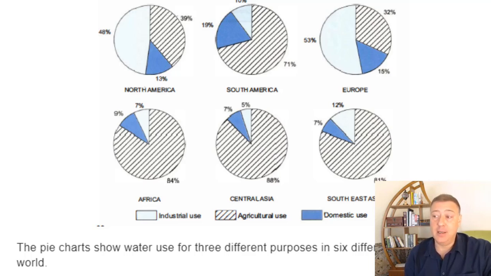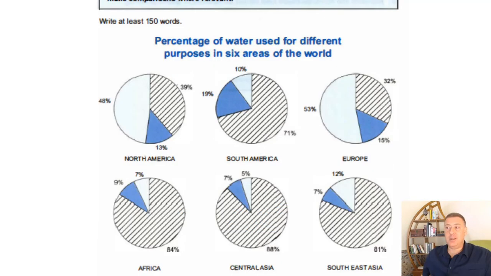If we look at the last one, domestic use, it's also reasonably similar between the developing and developed world, with a slightly different number for South America, which happens to be the highest. So if we look at the numbers themselves, you can see already that it's going to be fairly easy to combine some of these when we're describing the data.